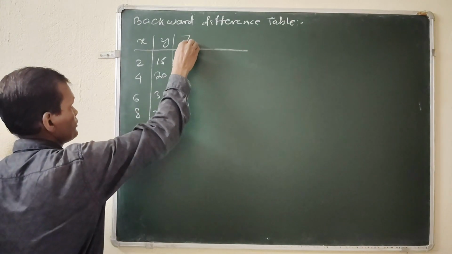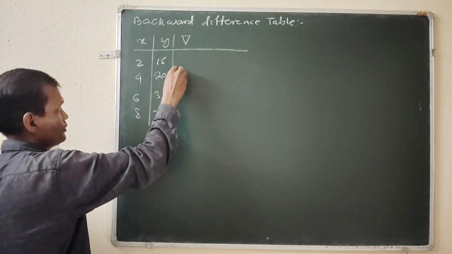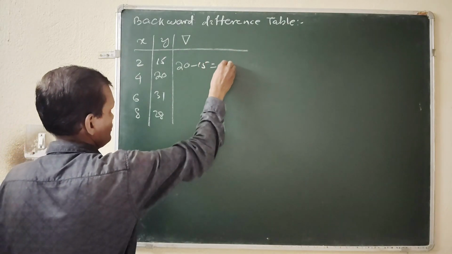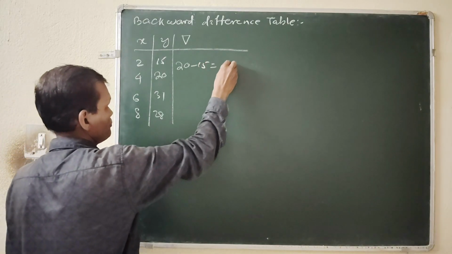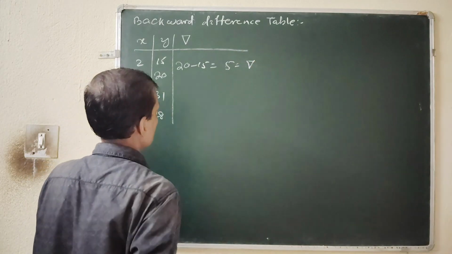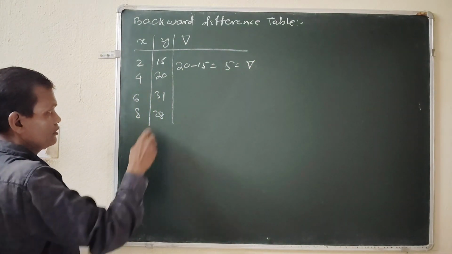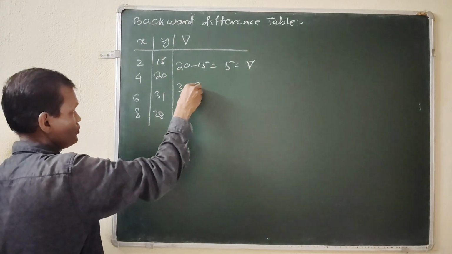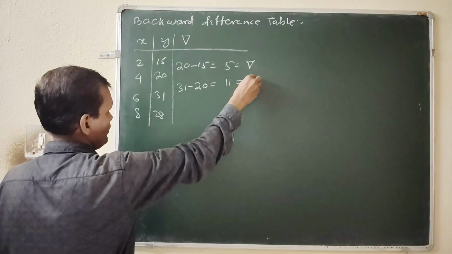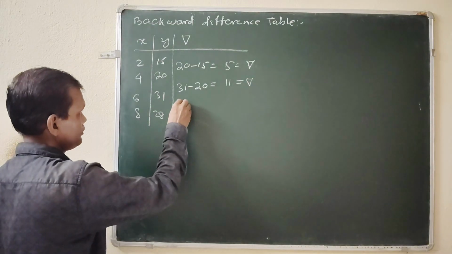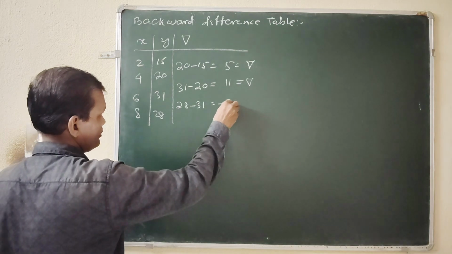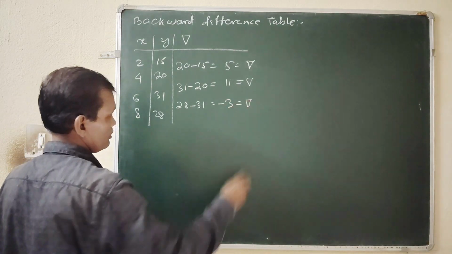Then the backward difference is 20 minus 15, that is 5, the first order backward difference. Similarly, 31 minus 20 is 11, and 28 minus 31 is minus 3, the first order backward differences.